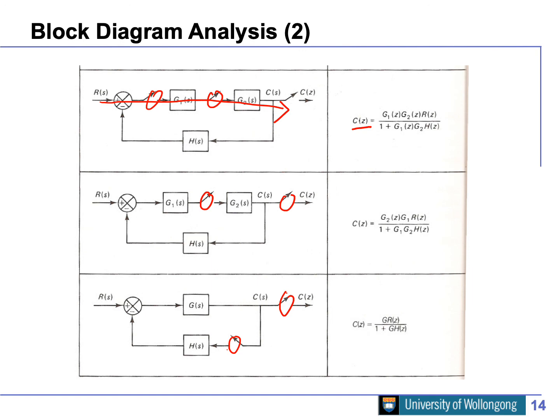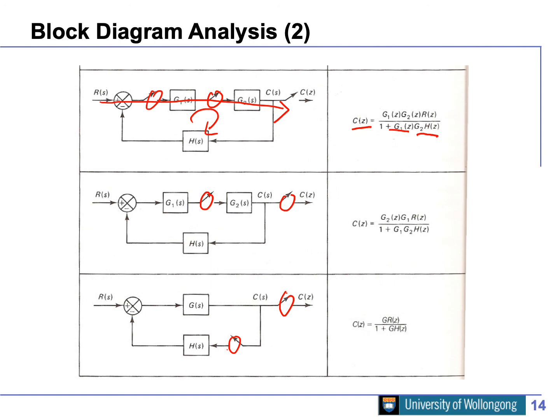Just multiply them together over 1 plus the loop. In the loop, you can see G1 is separate, while G2 and H are connected. So you multiply G2(s) with H(s), then you do the Z transform. That's the second case.